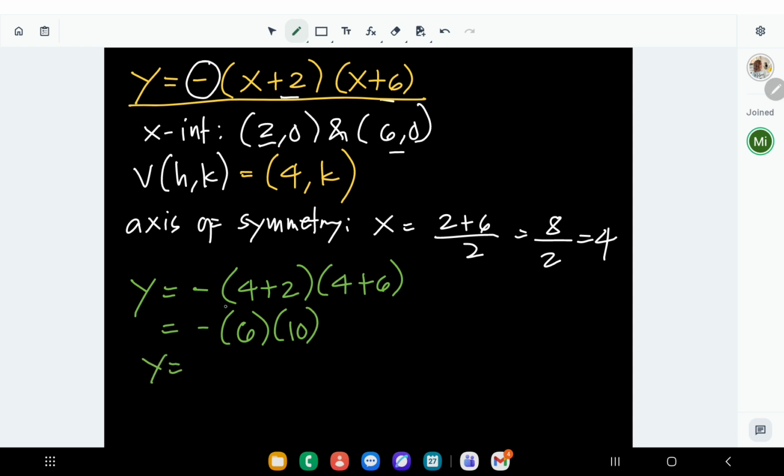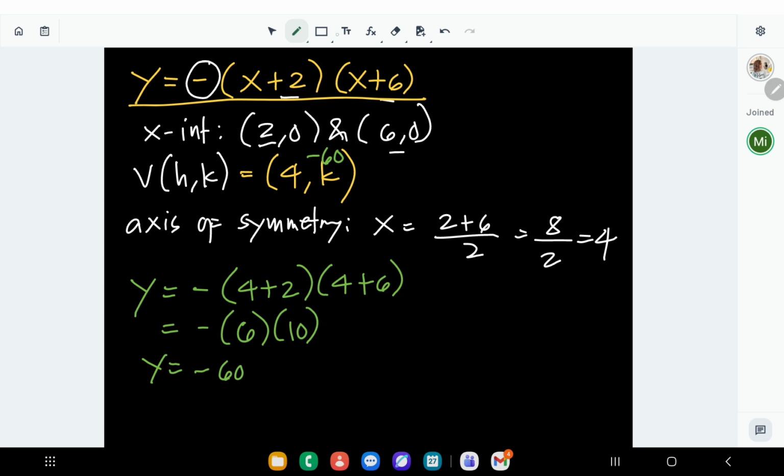So y is equal to negative 60, right? So the vertex here is (4, negative 60). Wait, I think I made a mistake. It should be negative 4, right? The axis of symmetry.